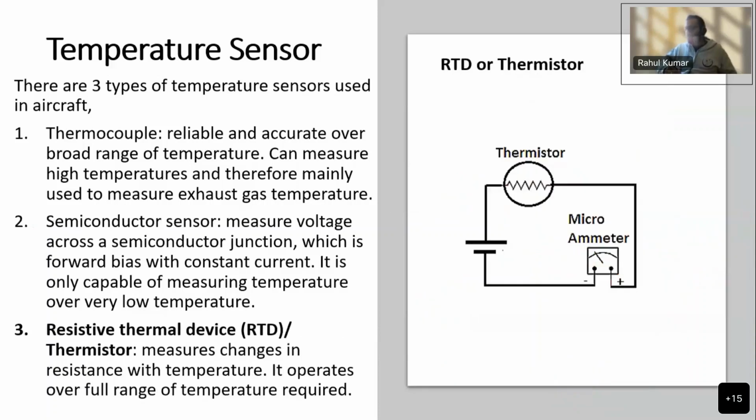The last type of temperature sensor is the RTD, or resistive thermal device. They are also called thermistors. We all know that resistance is the opposition to the flow of electrons in any circuit or material.